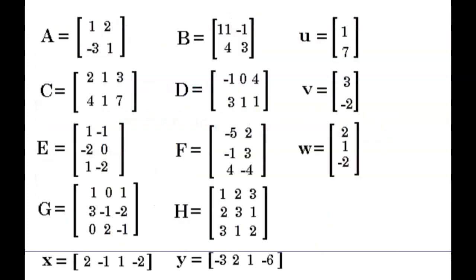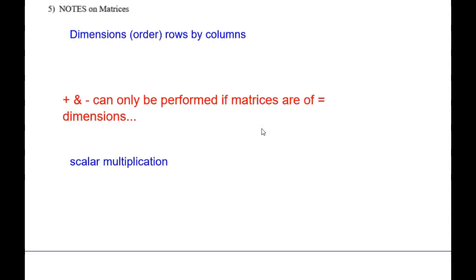So let's look. This is an application used. Somewhere I have a slide that just says notes. Here it is. Okay. So notes on matrices for you. The order, okay, Delta Math calls it the order instead of the dimensions, is the number of rows by the number of columns.